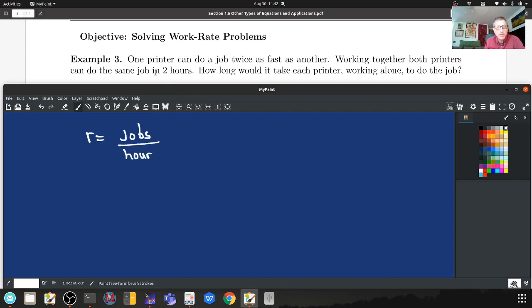So let's read the problem. One printer can do a job twice as fast as another. Working together, both printers can do the same job in 2 hours. So that's the reason I know it's jobs per hour. How long would it take each printer working alone to do the same job?